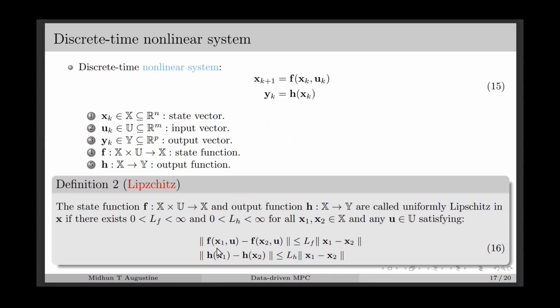This criterion says that the functions f and h have finite slope between any two data points x1 and x2, which basically says that there is no sudden jump in this function, or in other words, these functions are sufficiently smooth. And in the case of nonlinear system identification and MPC, we assume the original system to be Lipschitz.